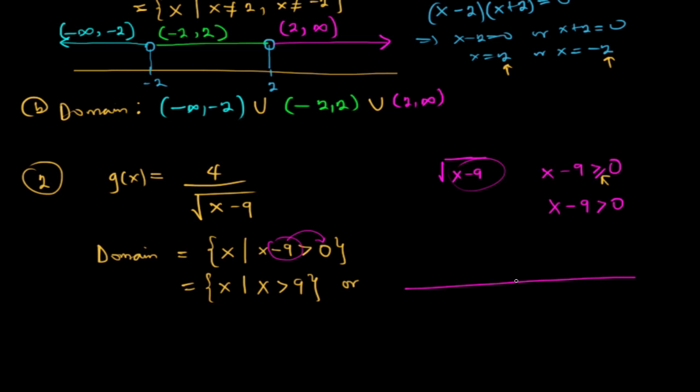So we have, maybe here is our 9, and if you want to draw this, it says x greater than 9, just greater than 9, so it goes in this way here. Since 9 is not inclusive, we'd say 9, and then it goes infinitely, so we'd write infinity. So this is also written as 9 to infinity. So this is the domain.